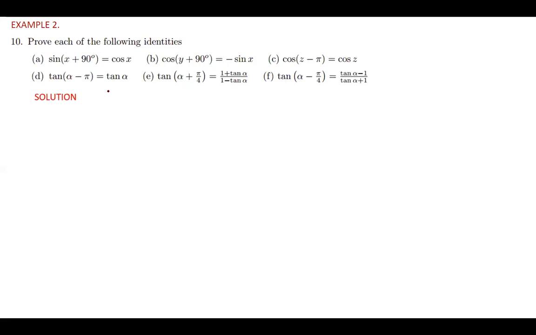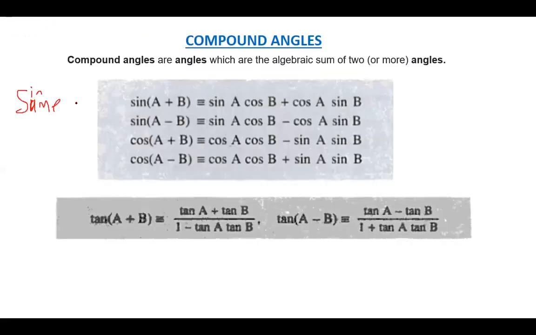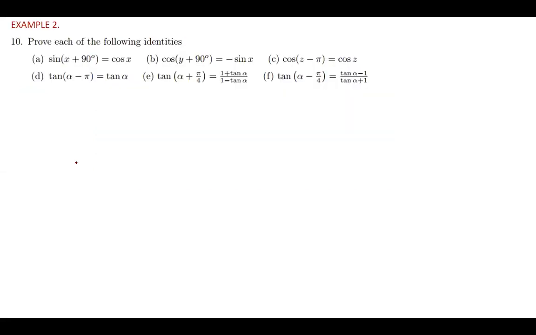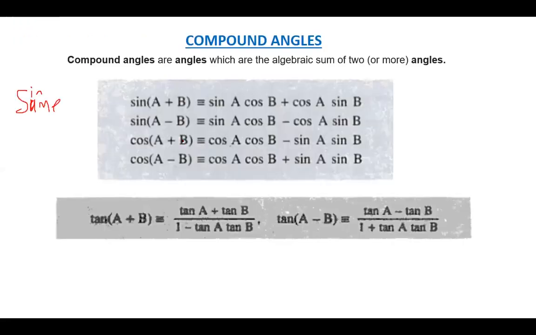All right, so we move on. From the previous slide here, just using what I've just shown you, you can solve most of these questions. I don't think you should have any challenges, because it's just a matter of using these formulas here.